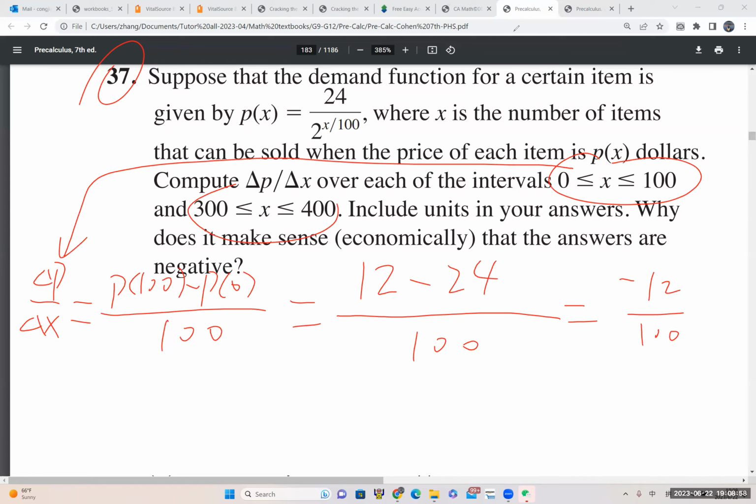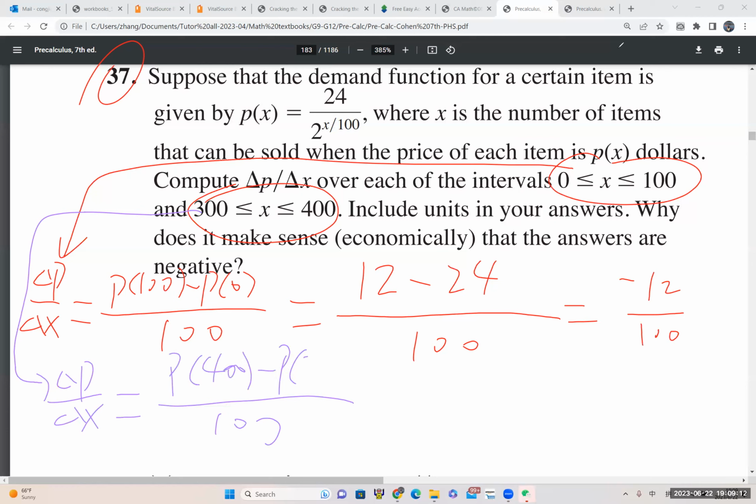Then for this period, how about I change color and do it here, delta P over delta X again, P of 400 minus P of 300, over 100. So when it's 4, it's 4.